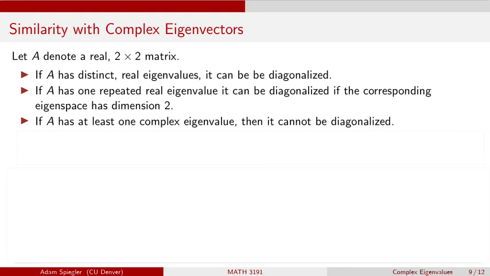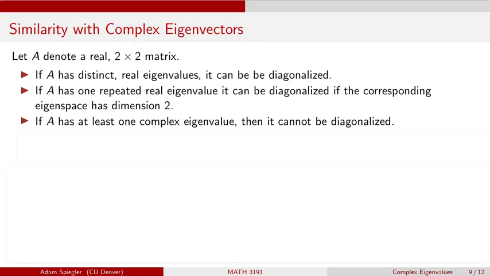If matrix A has at least one complex eigenvalue, then it is not going to be able to be diagonalized. So remember, we've already seen that if the characteristic equation for A can't be factored into linear factors, then it is not diagonalizable.